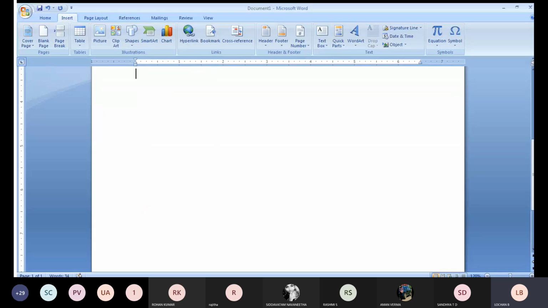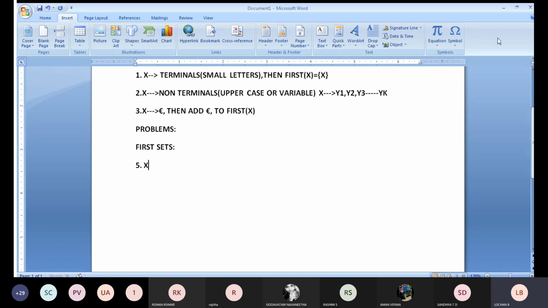So other possible combinations, what they can give, we will see. X implies capital ABC, so we'll continue the production. A implies small a or epsilon, they may give.